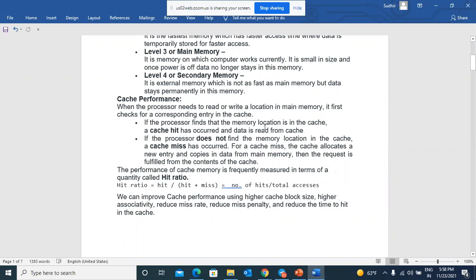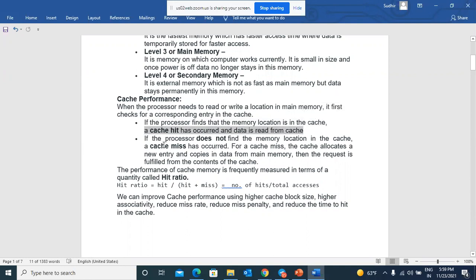Then we understood how it works, like what is a cache hit and what is a cache miss. When the CPU seeks data from main memory, before that it first checks whether the data is available in the cache memory or not. If the processor finds that memory location in the cache, a cache hit has occurred and data is read from the cache.